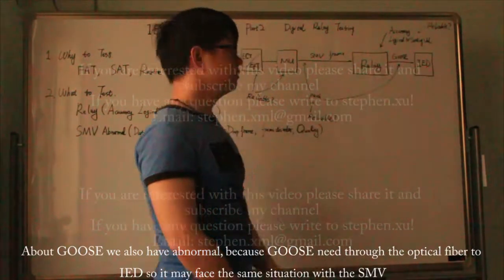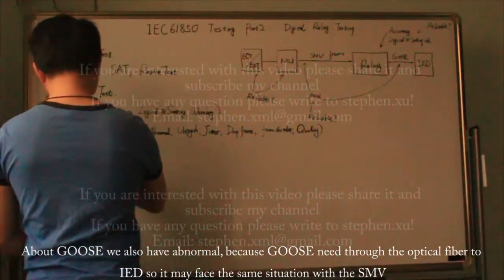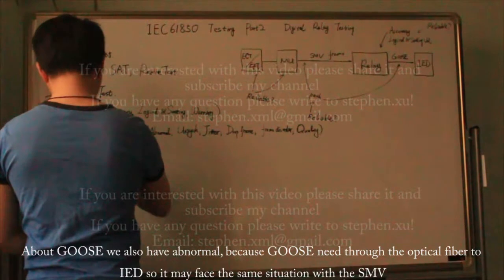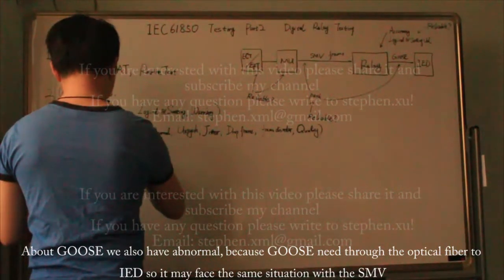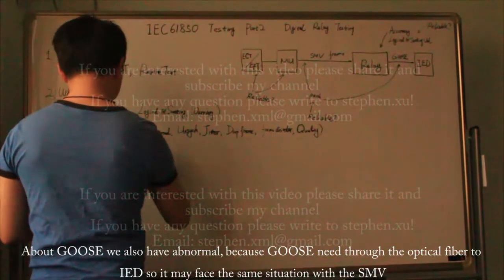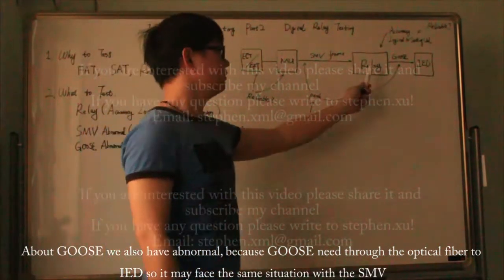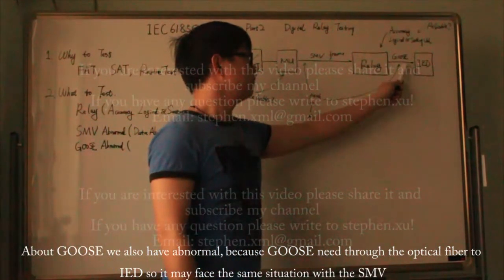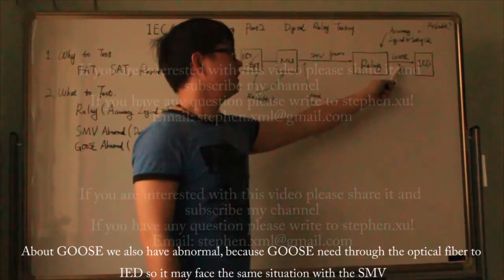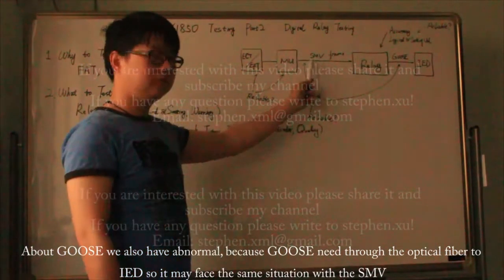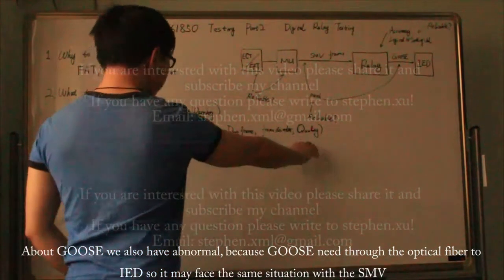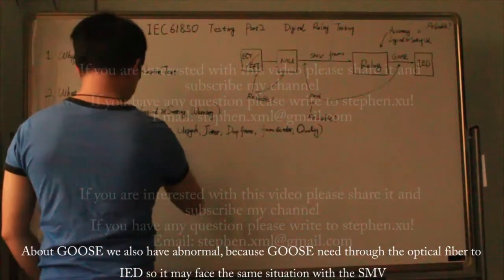And about GOOSE, we also have abnormals because the GOOSE needs to go through the optical fiber to IEDs, so it may face the same situation as the SMV. So I will also list here.